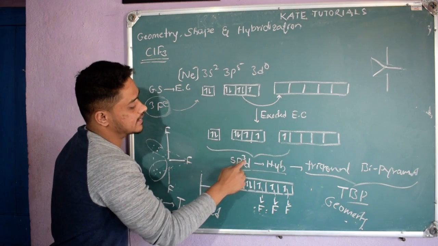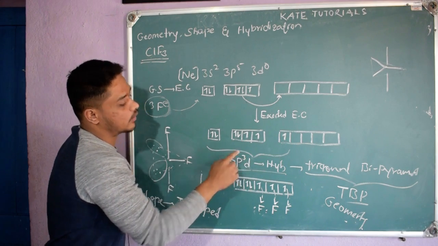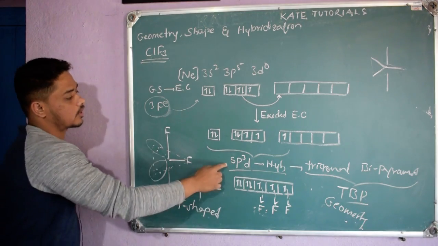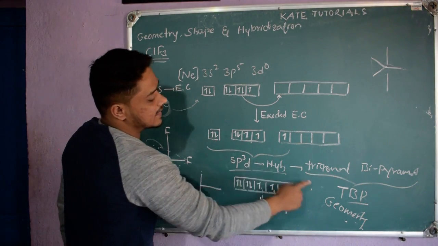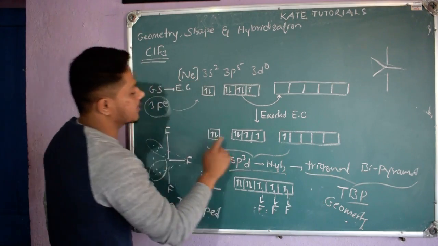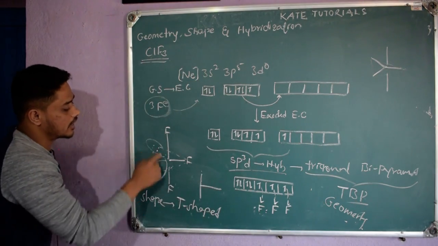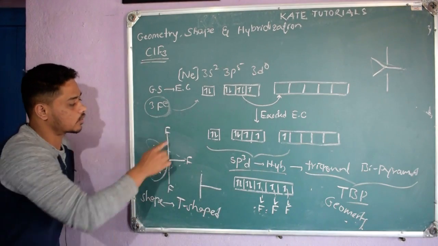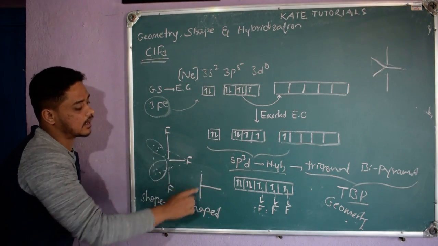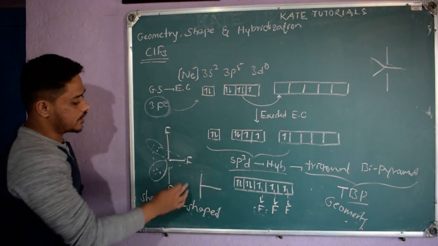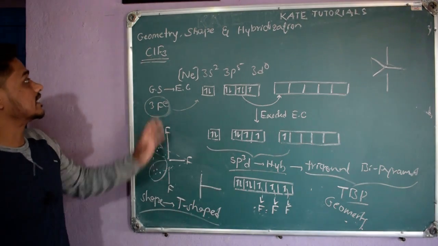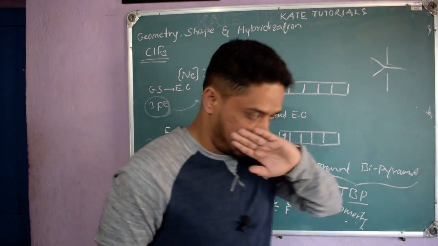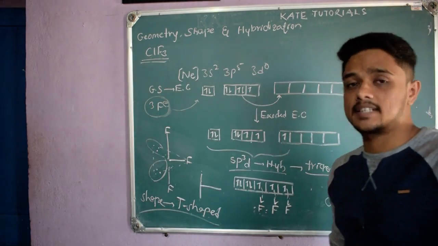So sp3d, 5. We are counting these lone pairs in hybridization, that is in geometry. To tell geometry we count the lone pairs. To tell shape we are not going to count lone pairs. We will count only the bonds. If you see the structure, how it looks, simply we will ignore these lone pairs and we will see it is T shaped. So this is about ClF3. In the next class let us see a few more things.